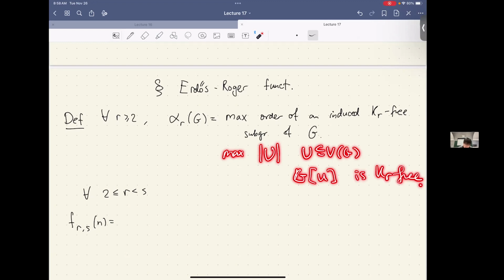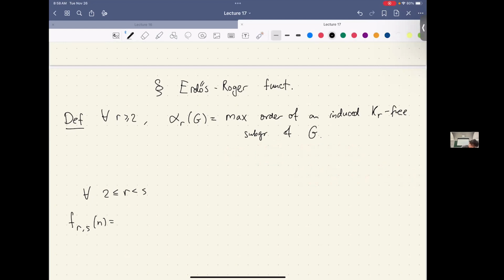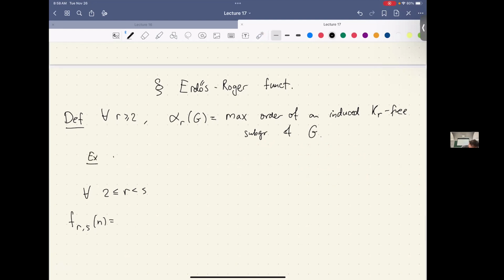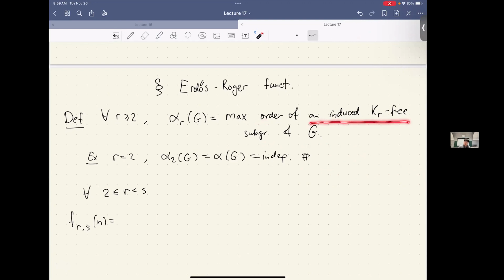So why do I use this notation alpha sub r? If you take r to be 2, this is not something that's completely strange. If you consider, for example, r equal to 2, alpha_2(G) is just the independence number, right? Because what is an induced K_2-free subgraph of G? It's just an independent set. So alpha_2(G) is the independence number. Alpha_3(G) is the largest induced subgraph which is triangle free, and so on and so forth.